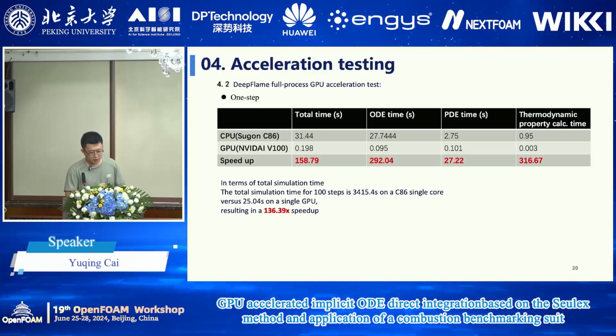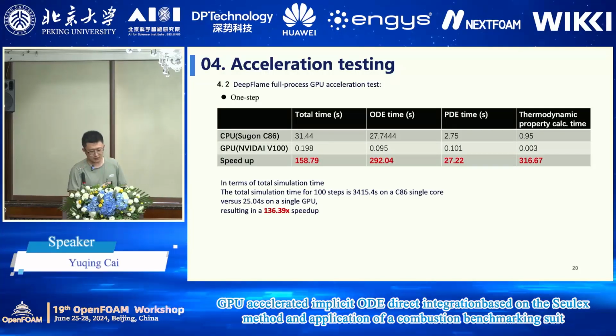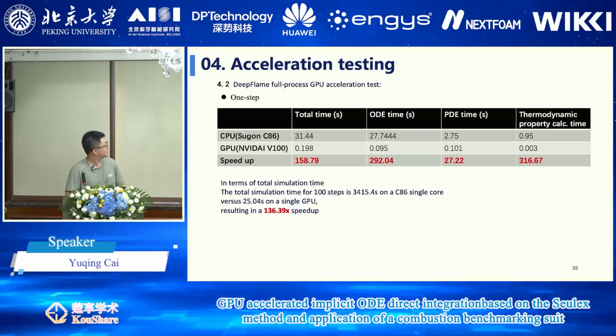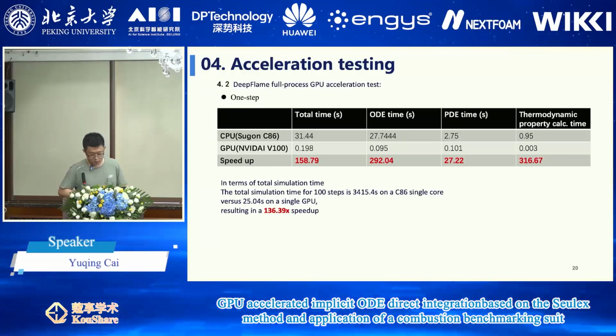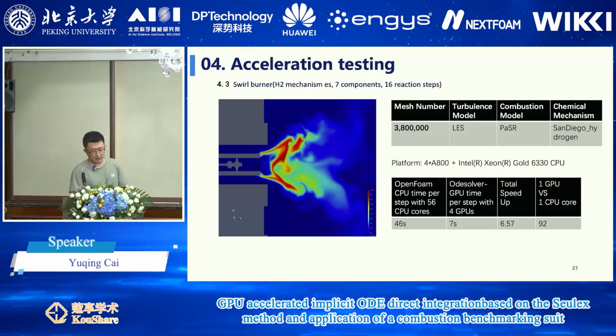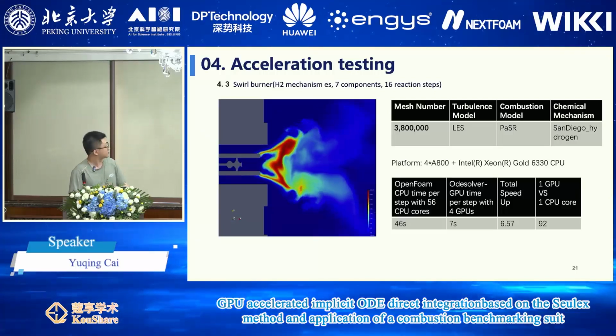If the PDE also adopts GPU acceleration, just like in the TGV case, the entire process can be accelerated by more than 100 times compared to OpenFOAM.